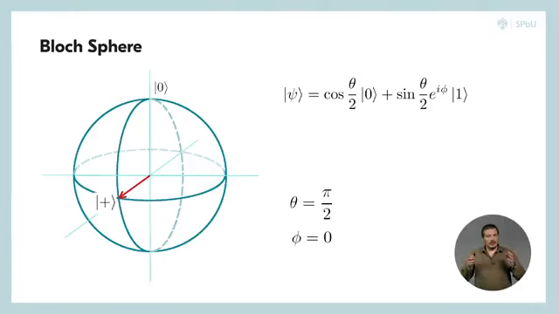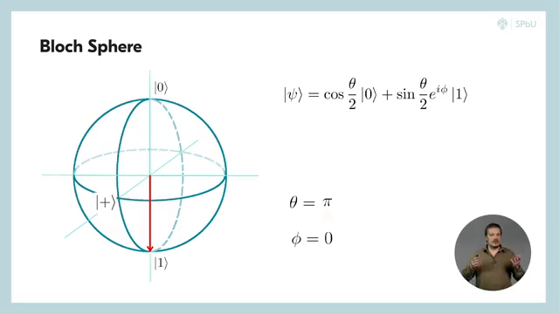Now, when angle theta reaches pi divided by 2, we have this point on the equator with 0 longitude, which corresponds to the vector plus. And when the angle theta is pi, we have the state on the bottom of the sphere, which corresponds to the state 1. Now, this is why I used theta divided by 2 instead of just theta in sine and cosine.